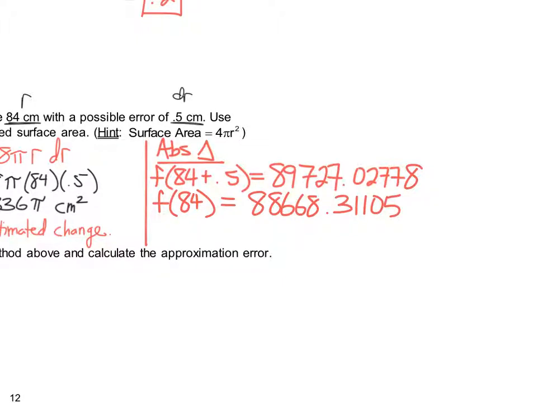All right, so then I would just subtract it here. So you get 1058.717-ish. So our delta F, I'm using F, but it would really be A for area. It really doesn't make a difference. It would be 1058.717 approximately.